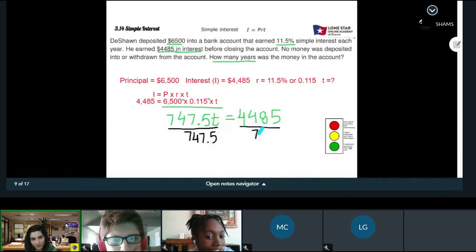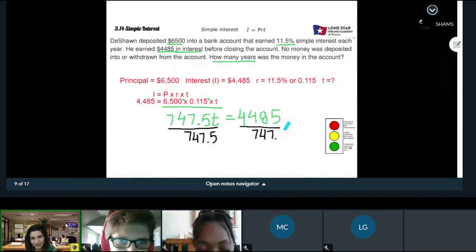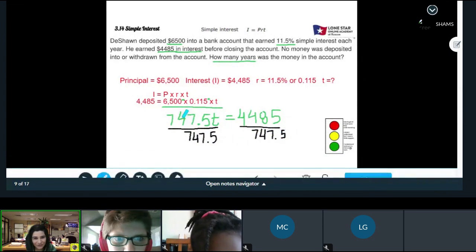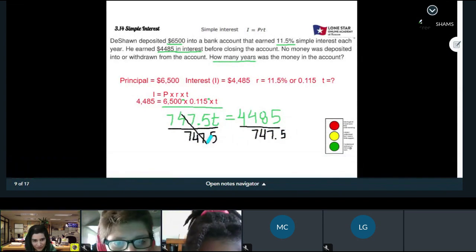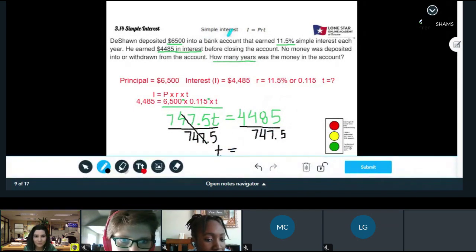As a result, your left side will only be left with a t, because these become a 1. That t will equal the answer to this problem, right?